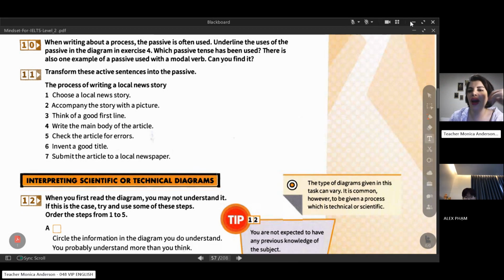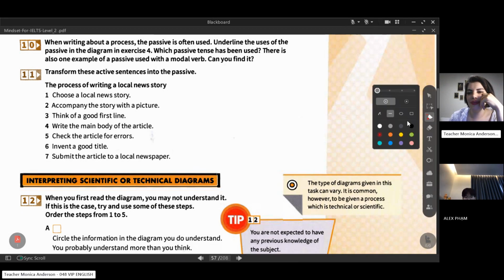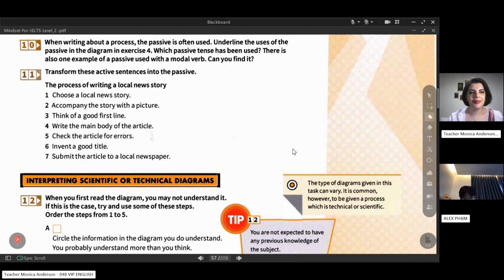First of all, do you know how to do it? We are transforming these active sentences into the passive form.